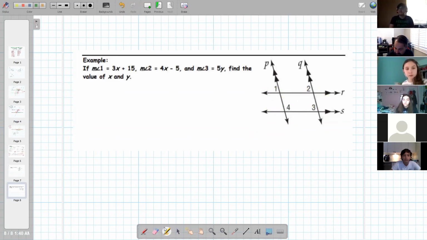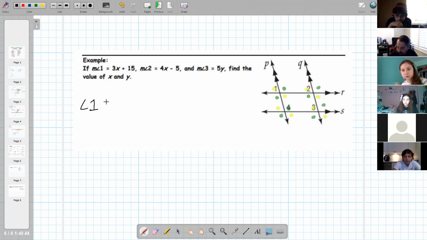Let me go ahead and draw that back really quickly, just so we have some color coding. I'm going to put these little dots in there for our color coding. So right now, we can already start to tell, without going too far into this picture, that angle 1 is going to be equal to which other angles in this picture?